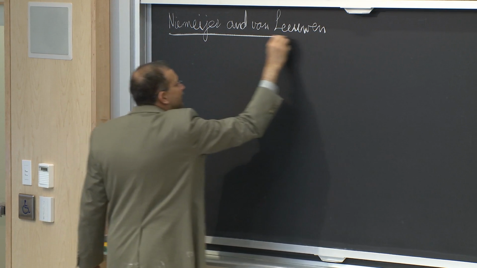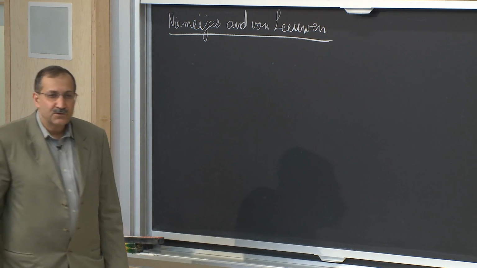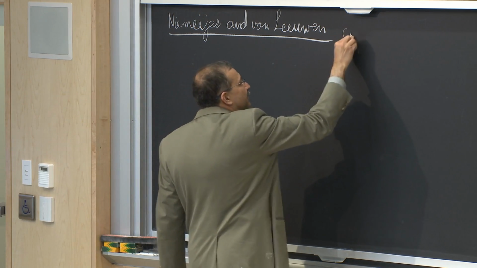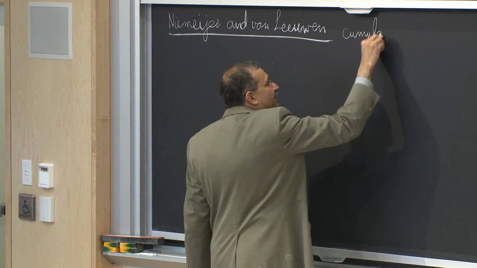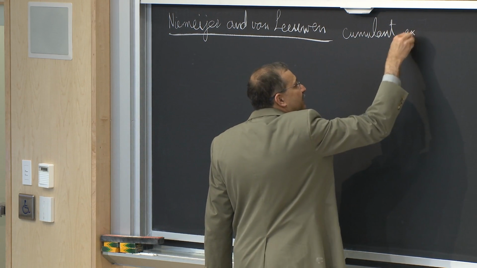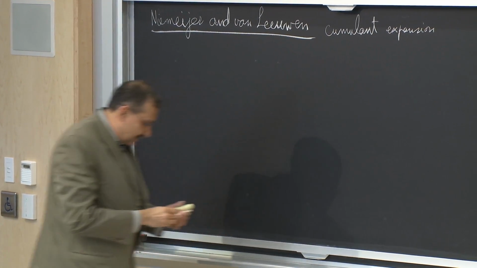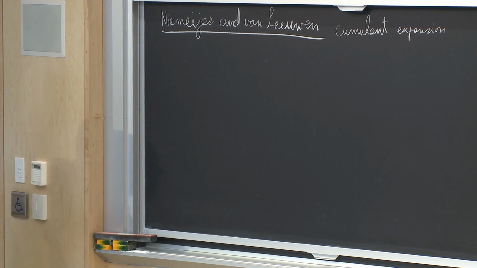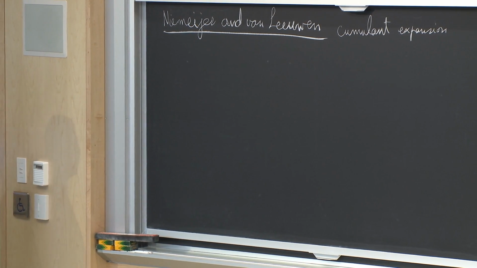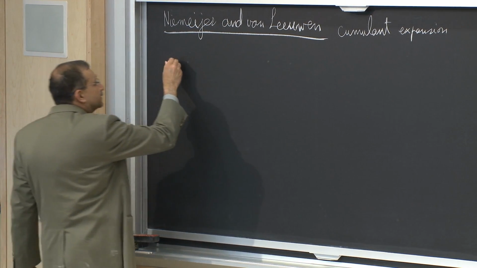And it's a kind of cumulant expansion, as I will describe shortly. It's an approximation. And rather than doing the square lattice, it is applied to the triangular lattice.